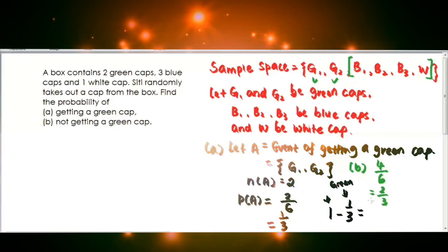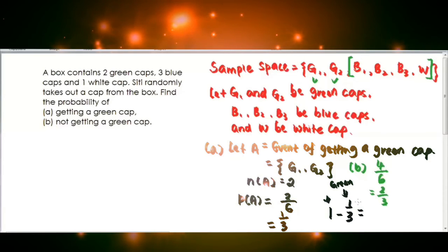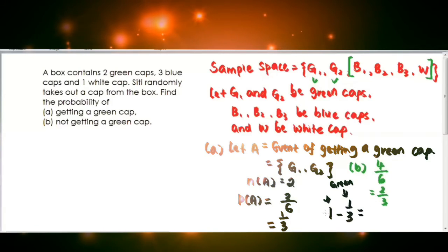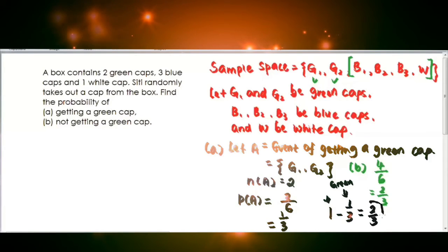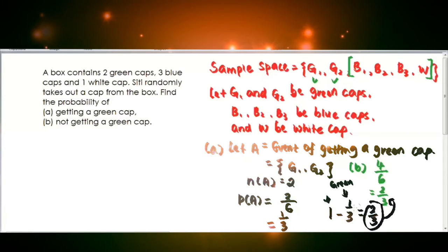So the probability for not getting a green cap is 1 minus 1/3, which equals 2/3. We can use this method also.